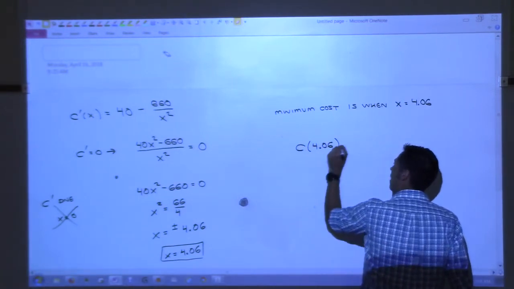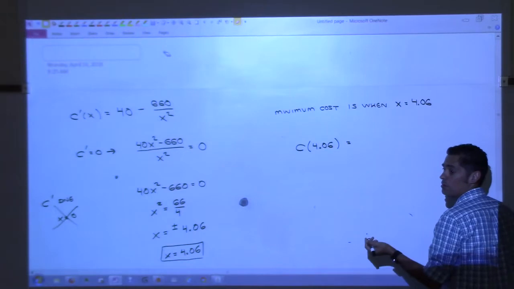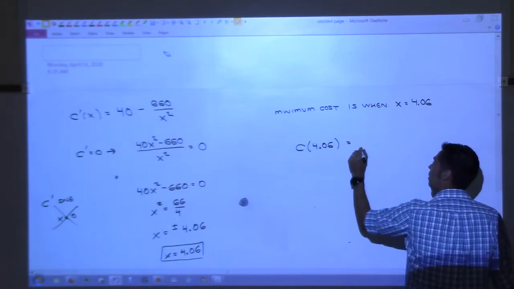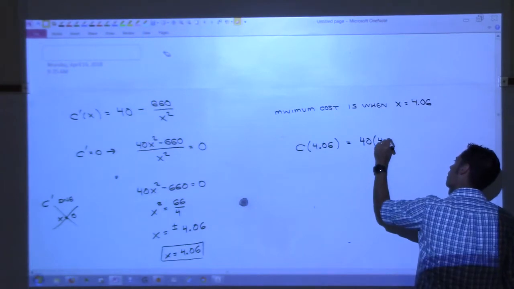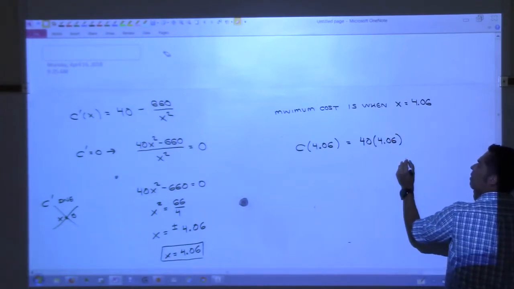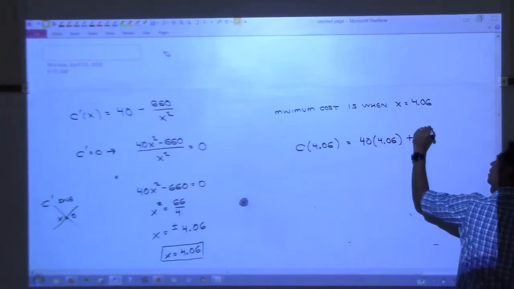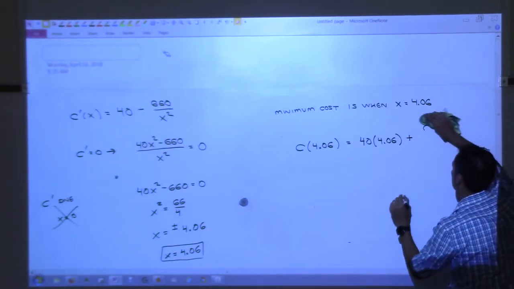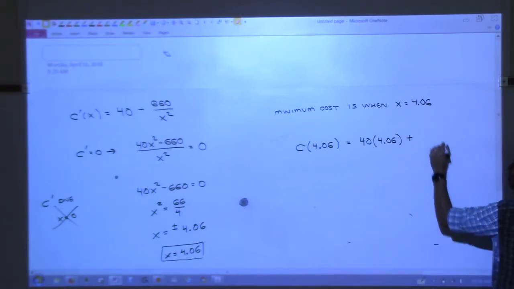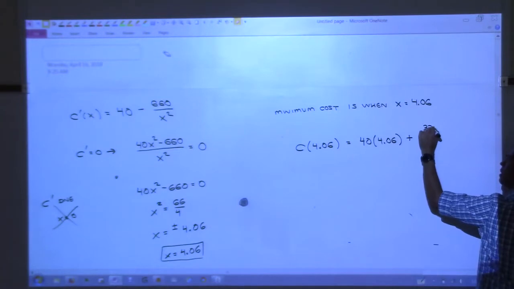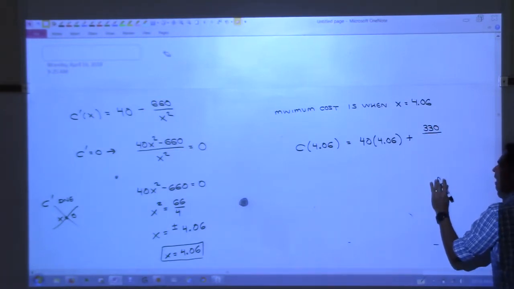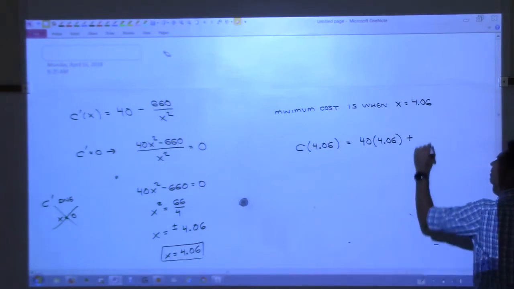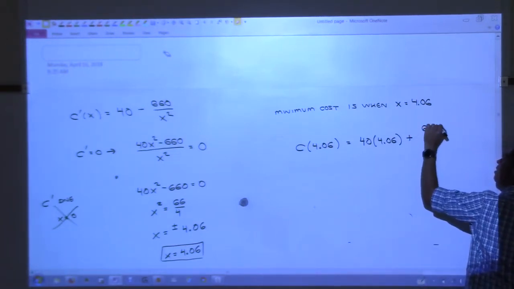So now you actually have to go into the original function before you took the derivative, which was 40 times x plus, well, I've lost it. What was it? 330 over, no, wait, no. 660 over x.